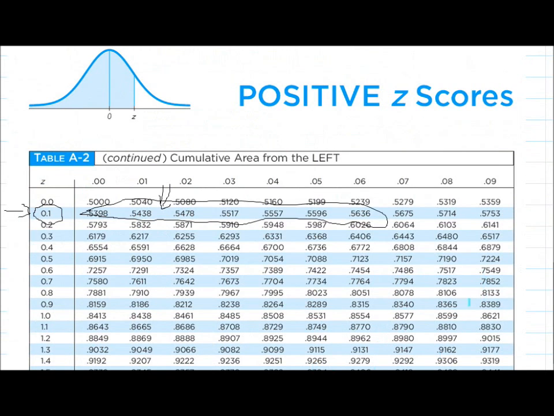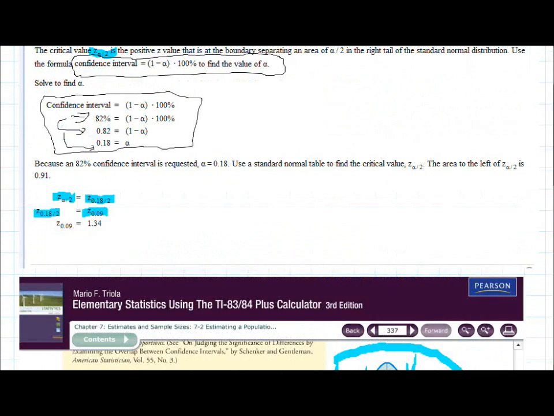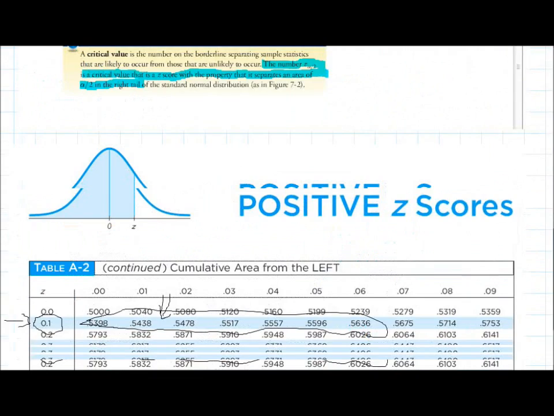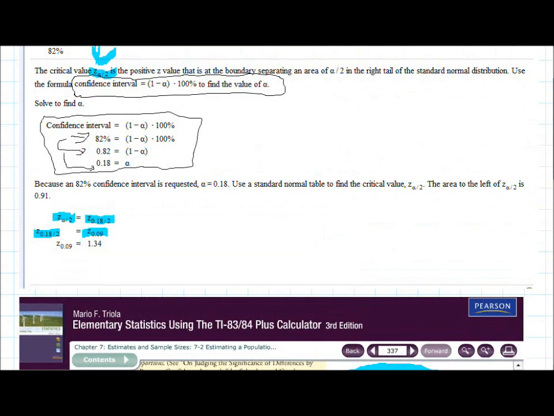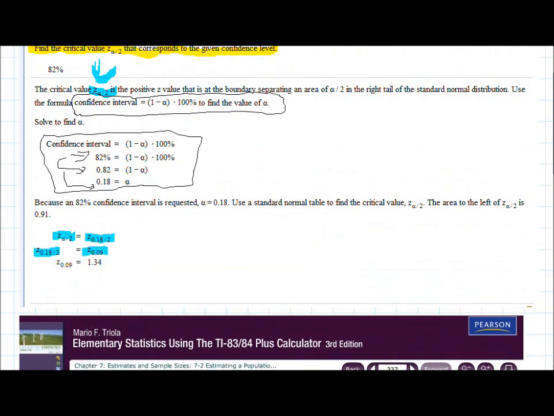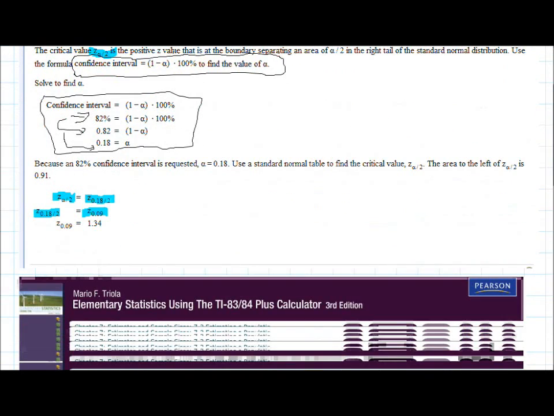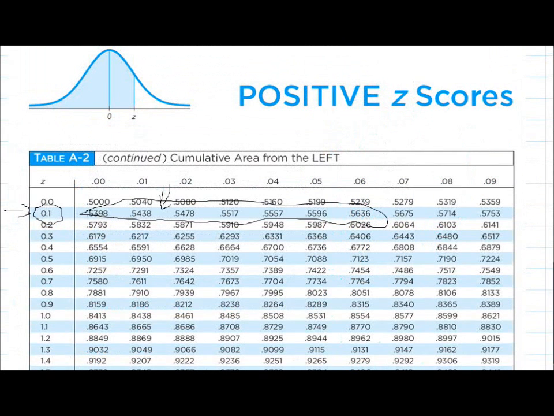What are we looking at? We're looking at 0.09 or 0.91 because we're looking at over here.